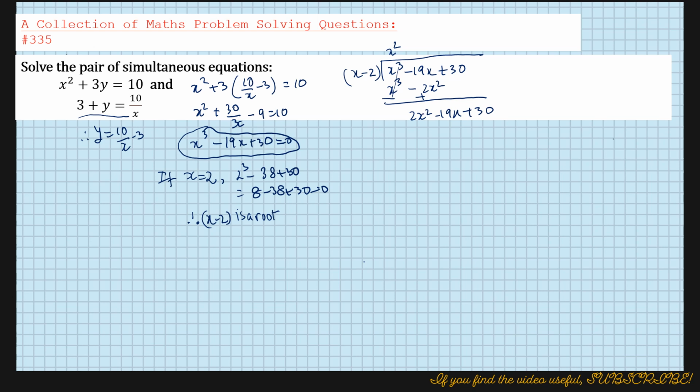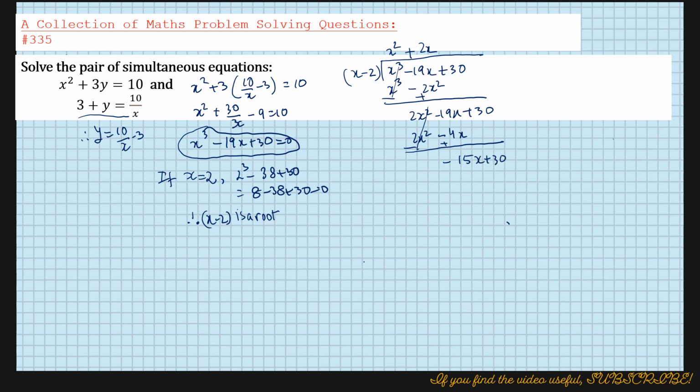Because it's 2x squared, I also have to multiply with plus 2x. So plus 2x times x will give me plus 2x squared, and minus 2 times 2x is 4x. Then subtracting, the 2x squared goes away. I'm left with minus 15x plus 30.